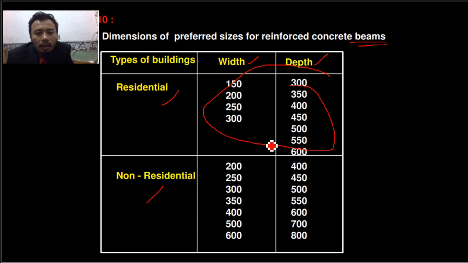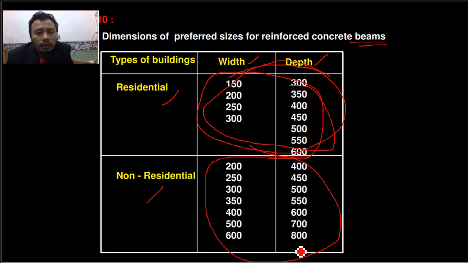It is better to follow this kind of sizing, so we can conform to all other building components that follow modular coordination. For residential, the width is a bit smaller, and the depth is also a bit smaller. But for non-residential specification, the width and depth are slightly higher.